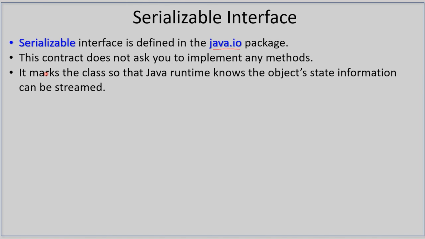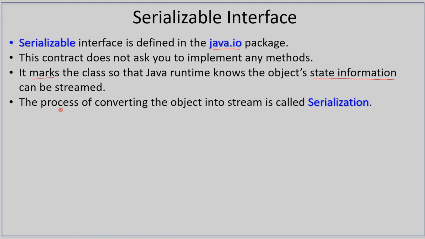As already told, since it doesn't ask you to implement any method, the purpose of implementing Serializable is that it marks the class so that the Java runtime knows the object state information can be streamed.